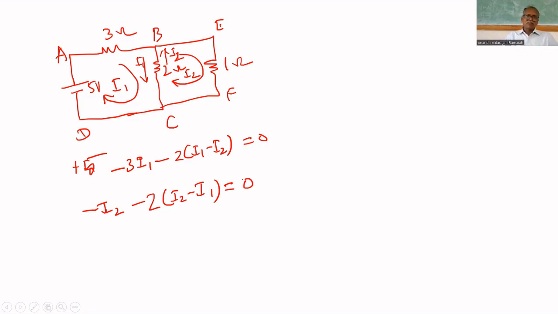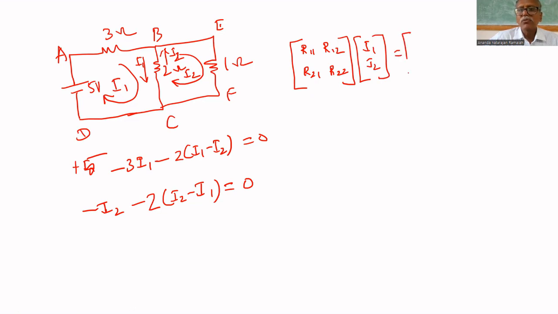Another way is the Maxwell's equation method: the matrix R11, R12, R21, R22 times I1, I2 equal to V1, V2.